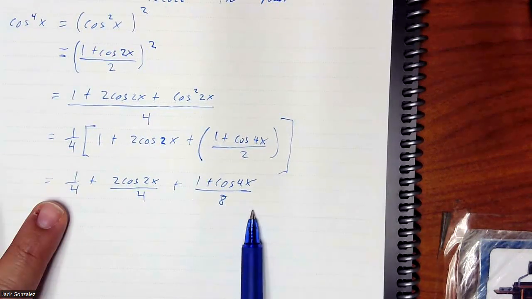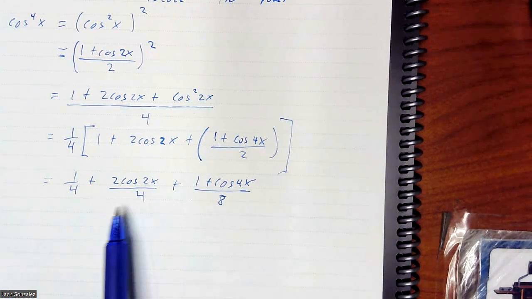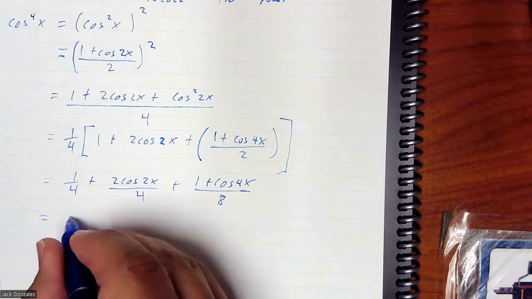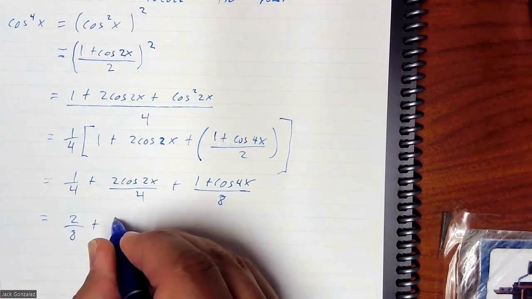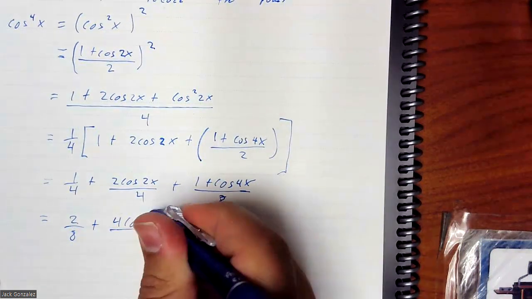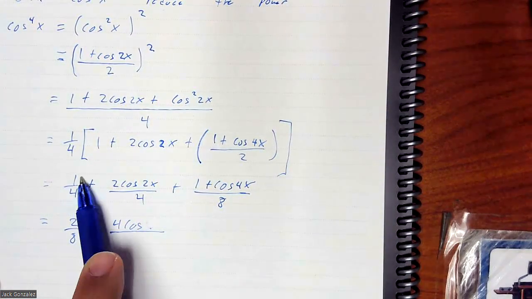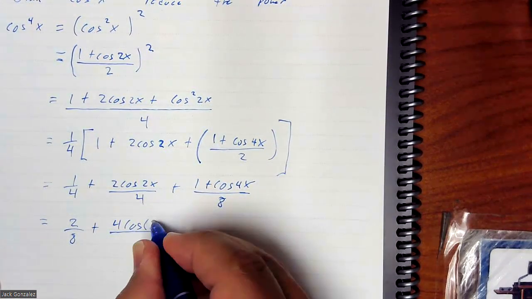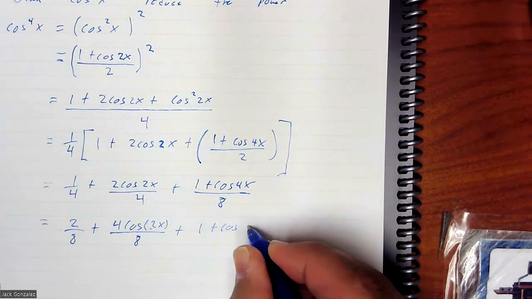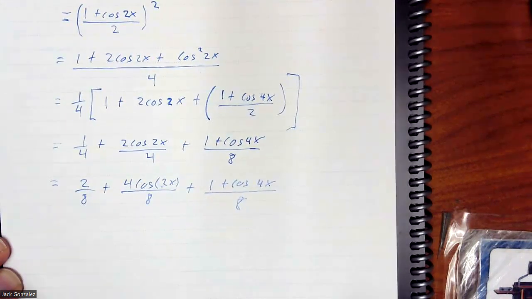So at this point, this is good enough, but if you want to combine into one fraction, you need an LCD of 8. So multiply everything by 2/2, these first two at least. For the amount of time, I can't show as many steps here. But you agree that you would multiply 2/2, 2/2 to get to here. Add everything together.